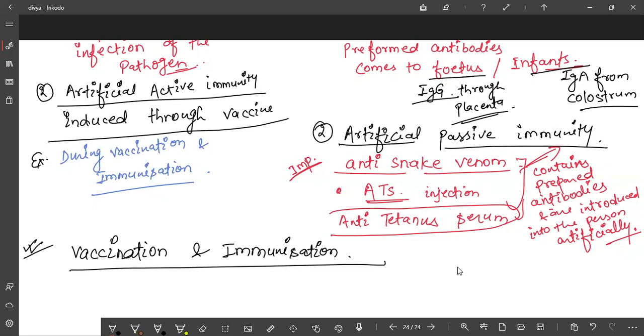Generally, this is based on memory based immunity.